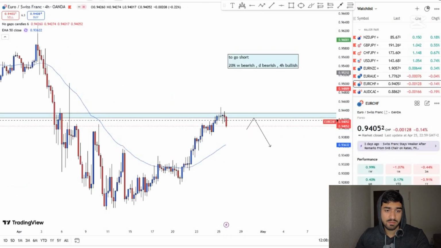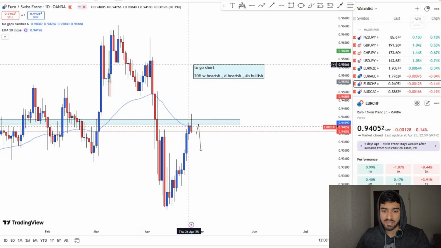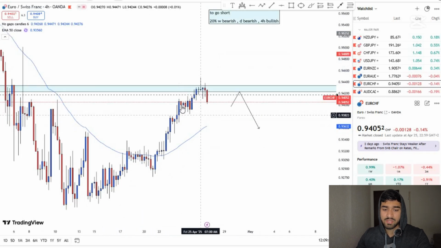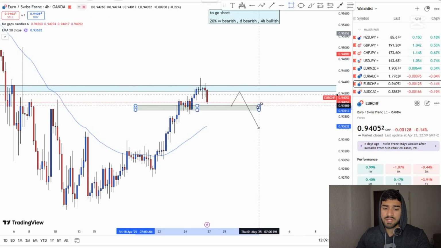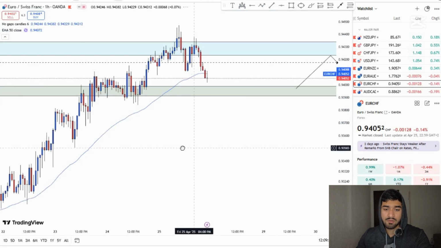The next one, Euro CHF. So the weekly is bearish, the daily is also bearish, lower low, lower high, to go to the downside. In the 4 hour we are bullish. So here I will also wait, we have 2 time frames in sync, so I will just wait for my shift of structure, or I will just wait for the break of this structure point, break, retest to go to the downside, or I will just go to my 1 hour time frame.